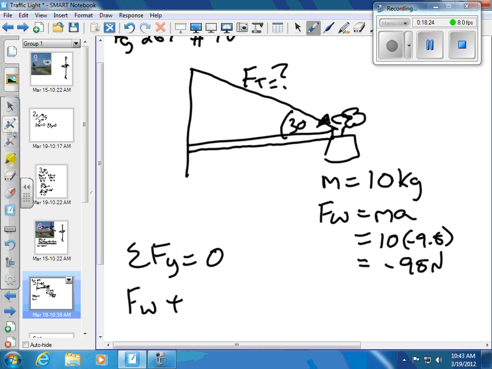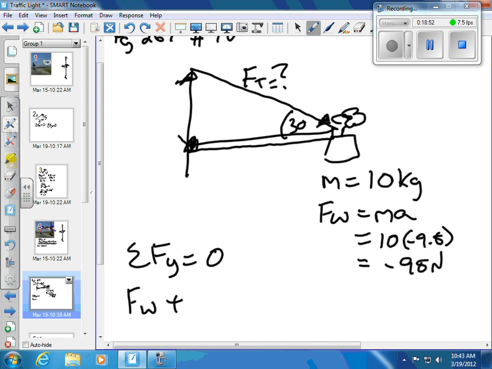This tension's at an angle. Can it be broken down into components? Sure. So it'd have one going up, and one going like that.